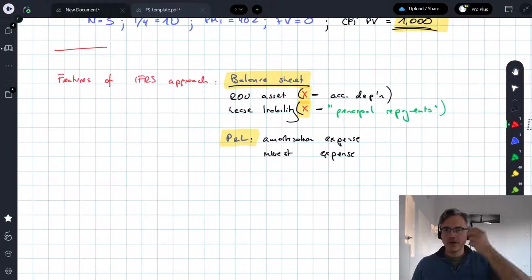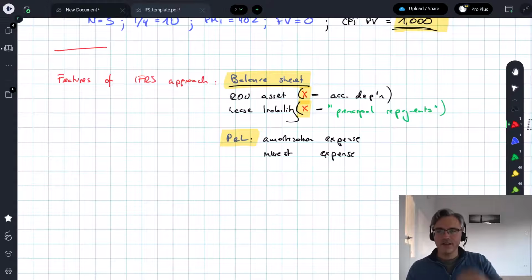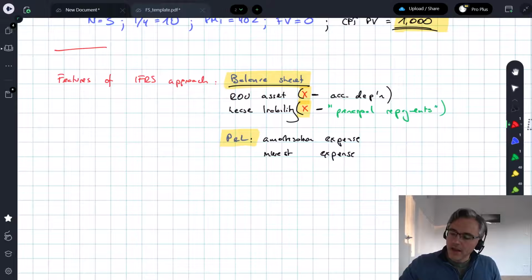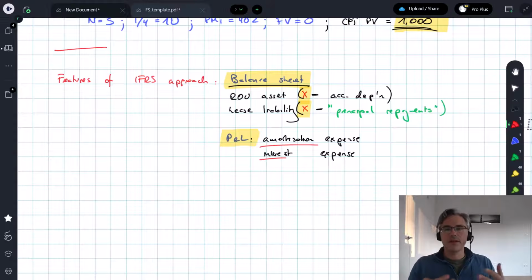And I want you to be aware as analysts that this has huge repercussions for a company's EBITDA. Because if you are looking at a company's performance via the prism of its EBITDA, earnings before interest, taxes, depreciation, and amortization, then because this whole payment is split into interest and amortization bits, this whole expense will not be captured at all within the EBITDA measure of performance.